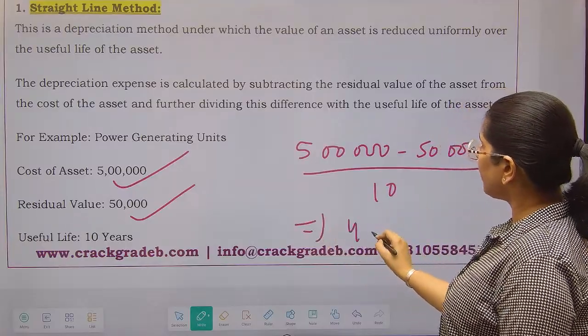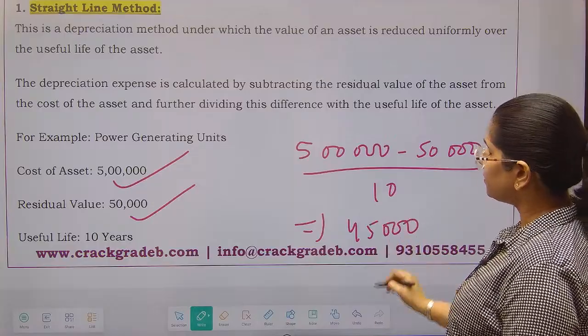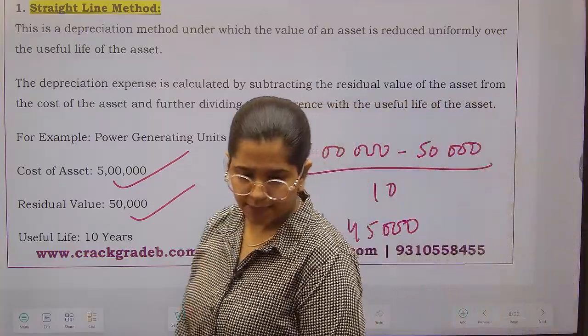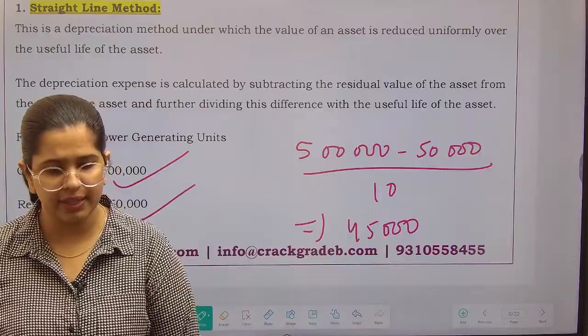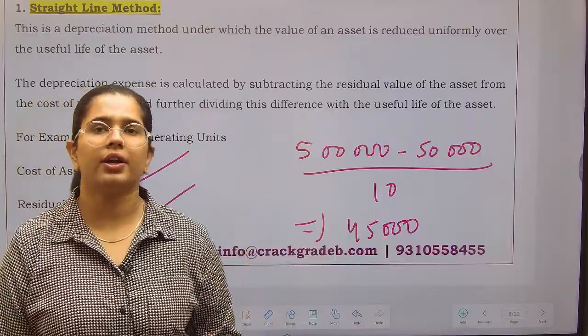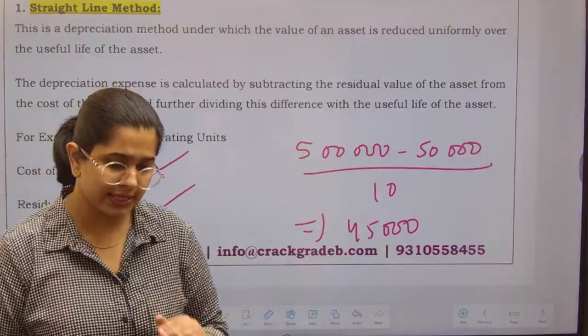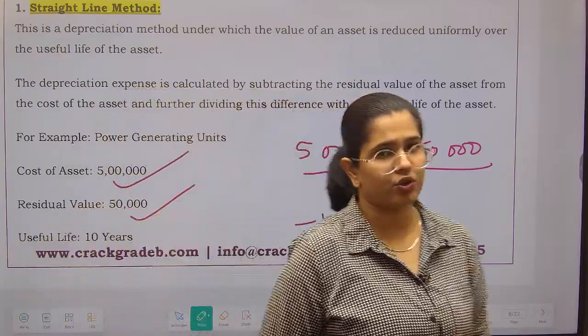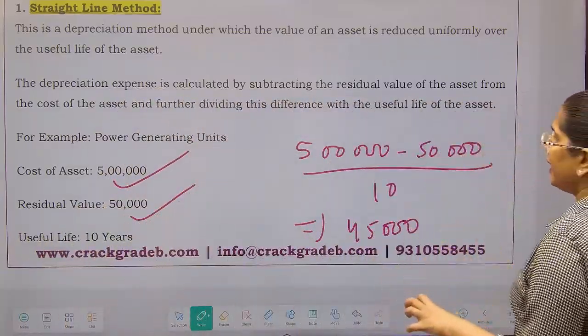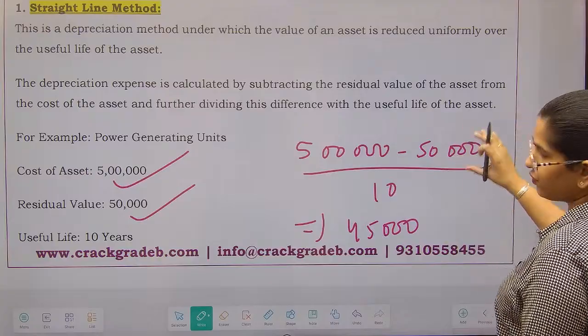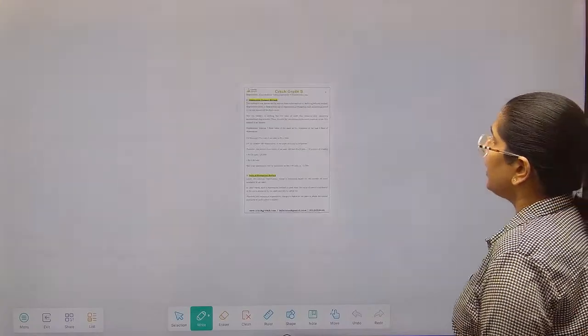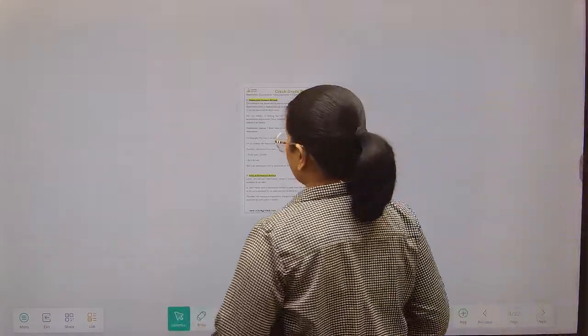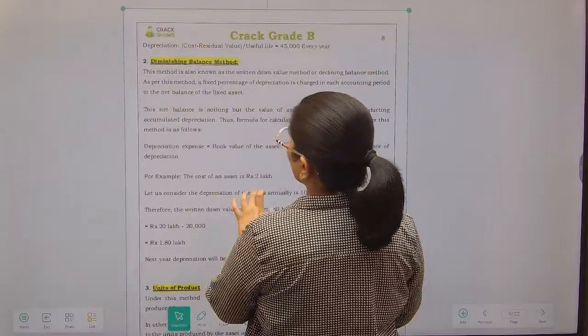That means 45,000 each year I'll be charging to depreciation. Very simple straight line method. Here, every year your depreciation amount is going to be the same, and at the end the asset will have a value of 50,000 left.